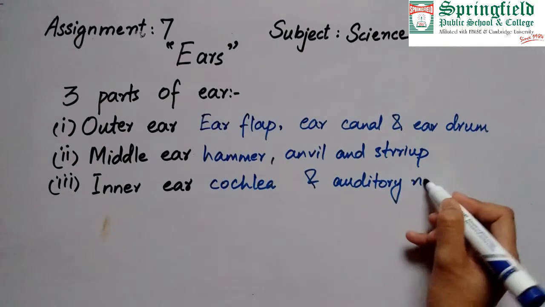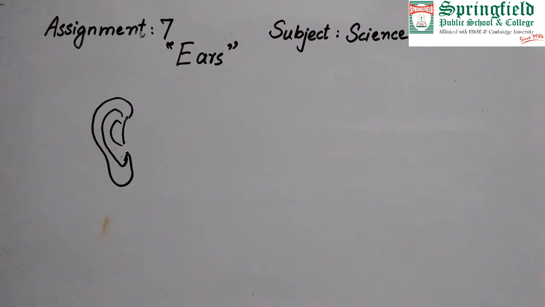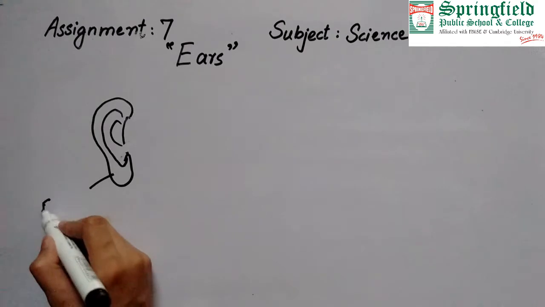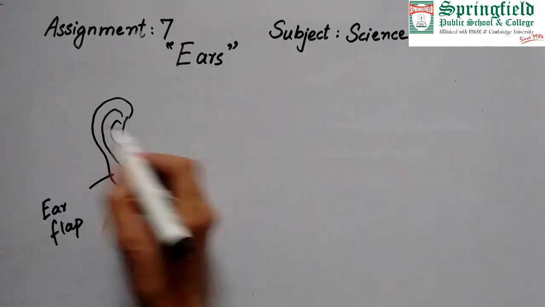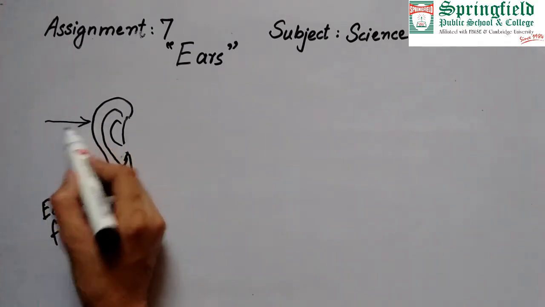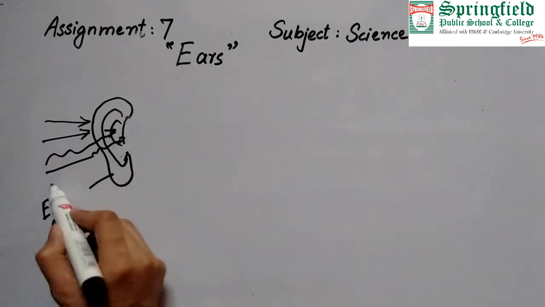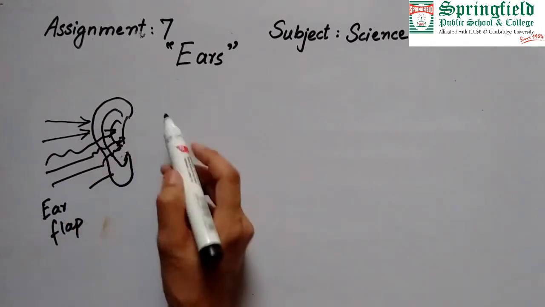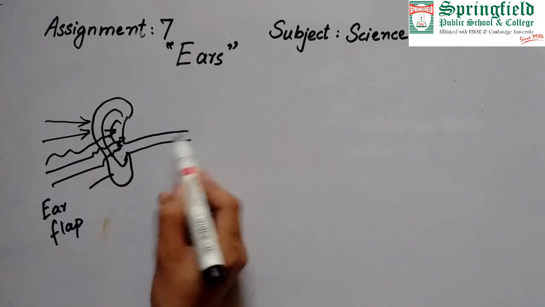Now we will see the structure of the ear, and how that structure helps in transferring vibrations to the brain. Starting from the outer ear, which is also known as ear flap. It collects the sound waves which are dispersed into the environment, and it collects them all onto a single point, and from here is the ear canal.